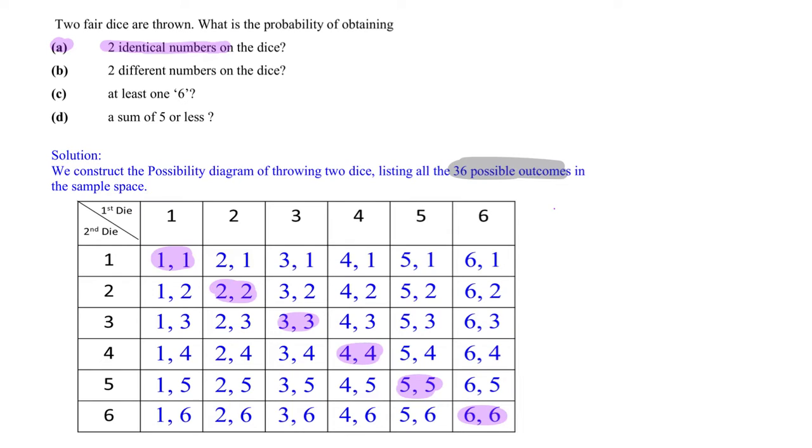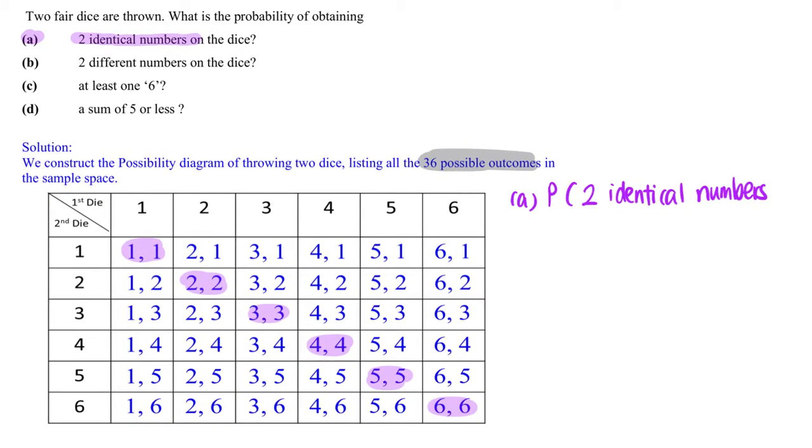So for part A, the probability of getting two identical numbers will be equal to 6 out of a total of 36. Do give the answer in its simplest form, 1/6.